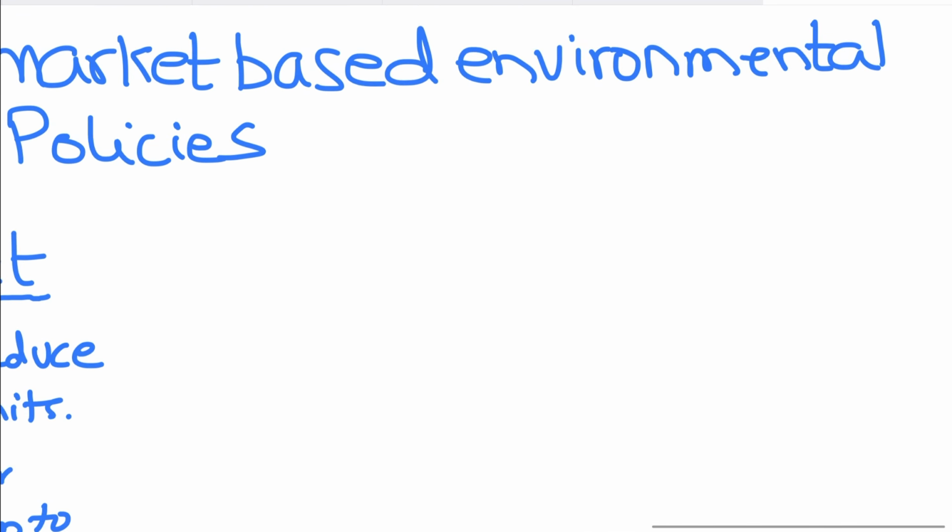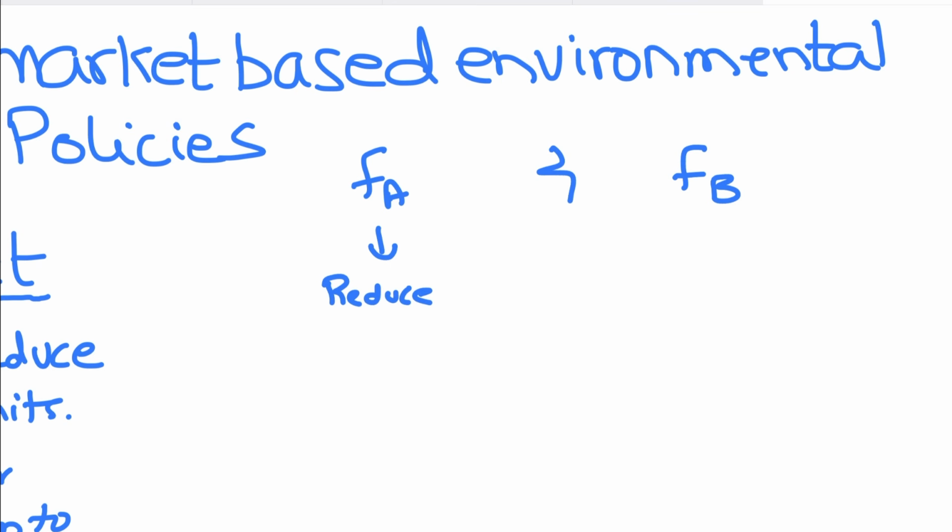Give me a minute, I'll just explain it to you. So basically, what we are noticing here is, let's say two factories. You have factory A and factory B, and factory A can reduce pollution very easily and cheaply, right?